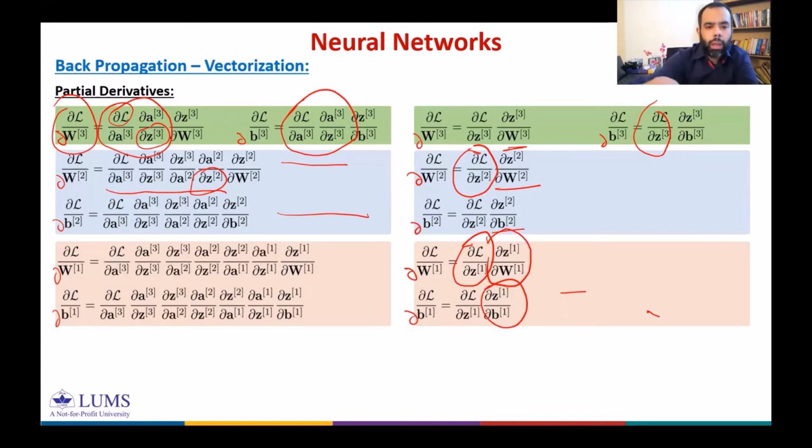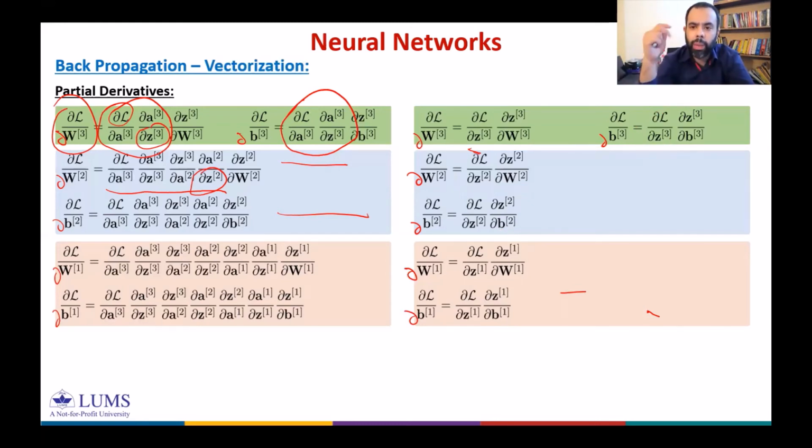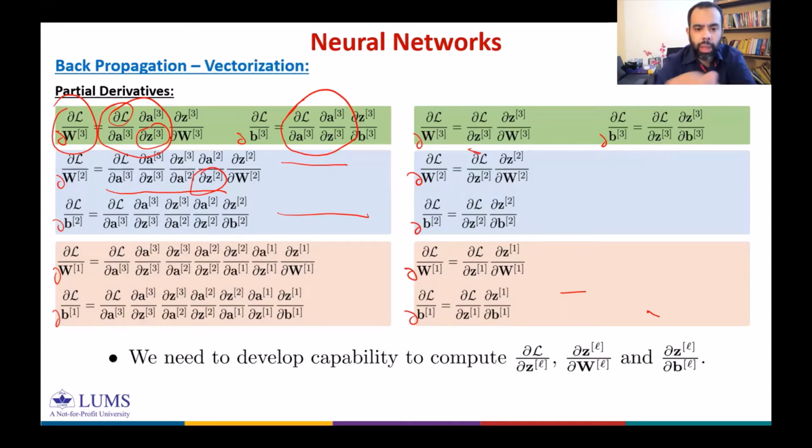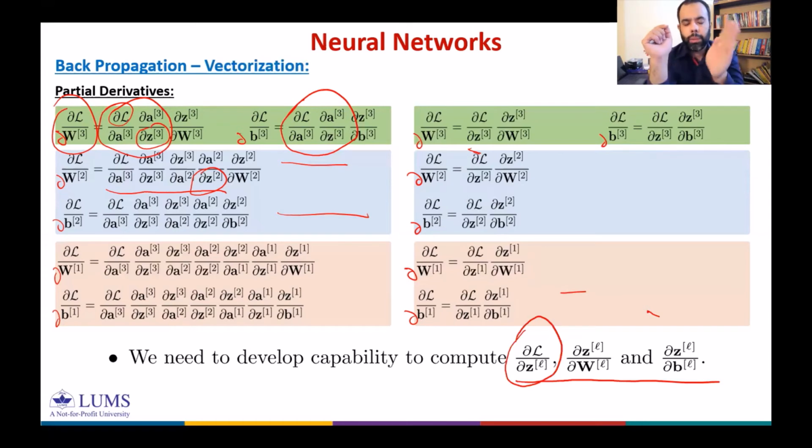Okay. So if you see these equations, in order to compute the derivative with respect to weight and bias, we need to develop the capability to compute three types of partial derivatives. The first one is important. For every layer, I want to compute the partial derivative of the loss function with respect to the pre-activation output, before passing through the activation function.